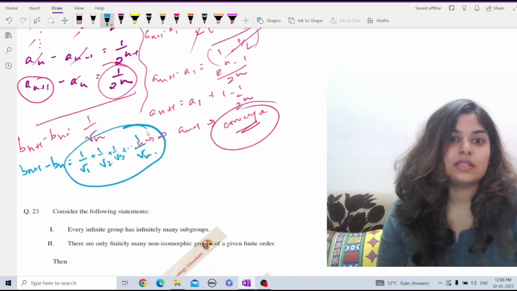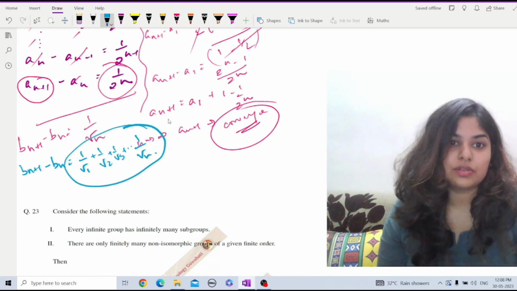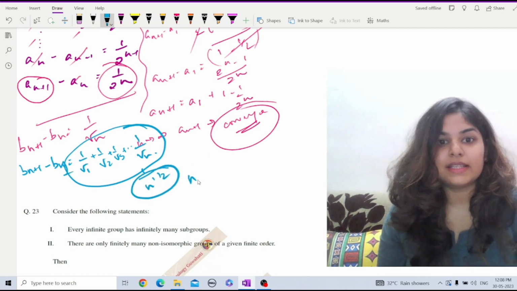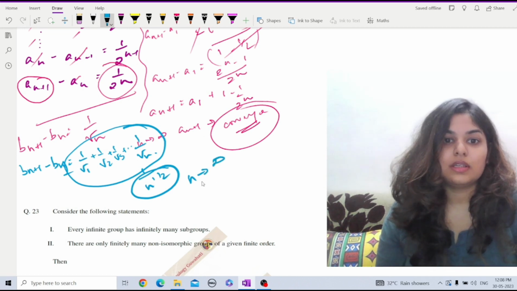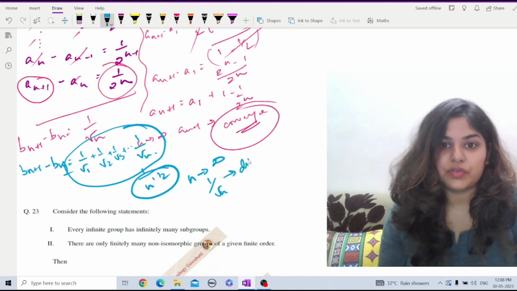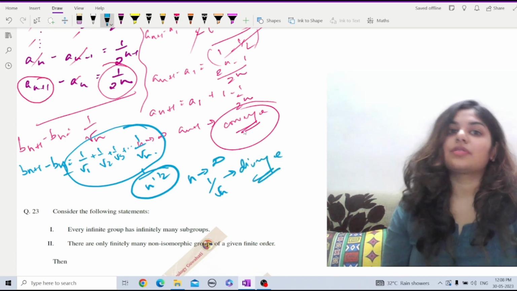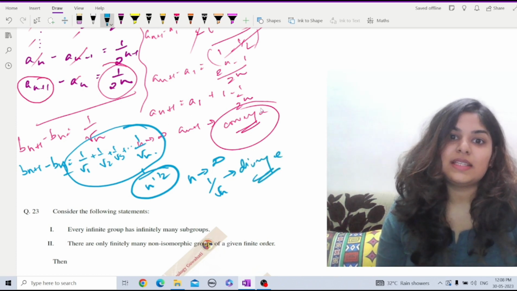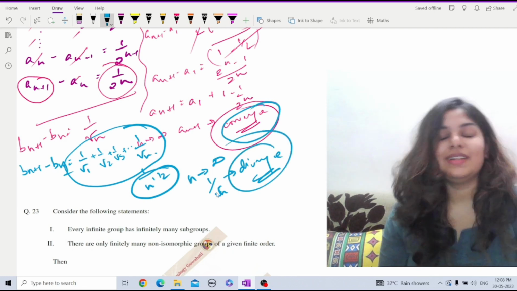Now this summation is basically 1 by n to the power half. This is very clear, as n tends to infinity, this series of 1 by root n will diverge. So the answer to this question is series A will converge and series B will diverge.